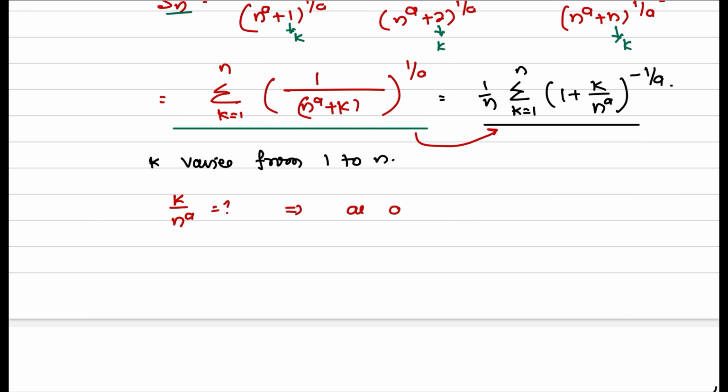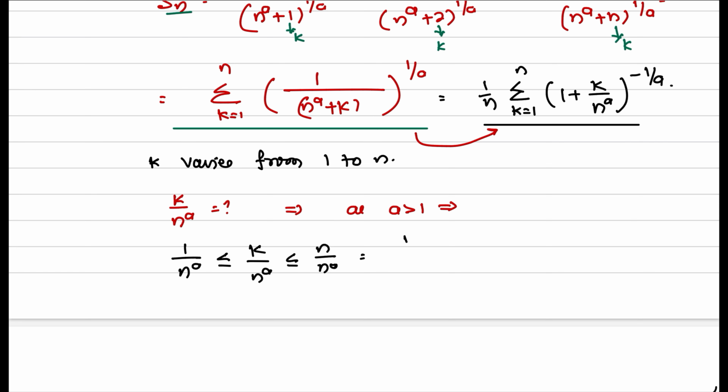As a is greater than 1, it implies 1 by n to the power of a is less than or equal to k by n to the power of a, depending upon the value of k. If k is equal to 1, it will be equal; if k is equal to 2, 1 by n to the power of a is less than 2 by n to the power of a, like that. This will be less than or equal to n by n to the power of a.